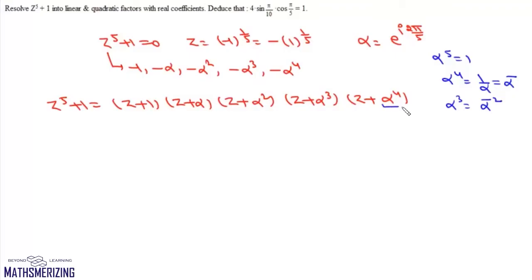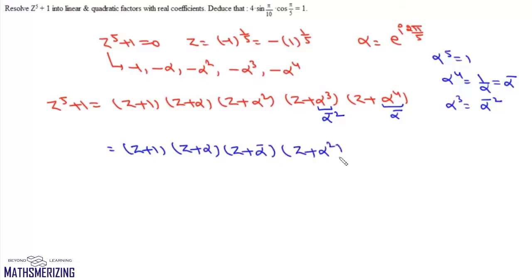So we'll replace α⁴ with ᾱ and α³ with ᾱ². So we'll write this as (z + 1)(z + ᾱ)(z + α²) and (z + ᾱ²).